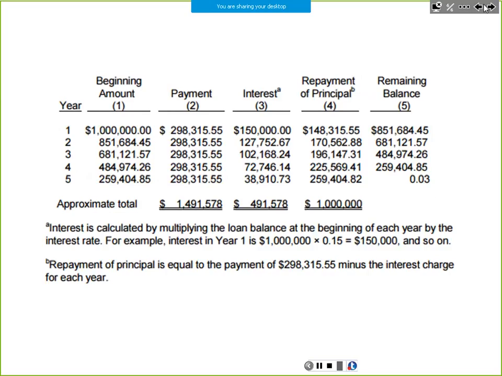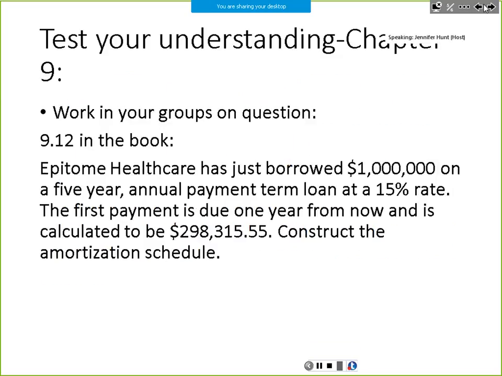Okay, so I think this one is the amortization schedule. This is one I wanted you to practice on how to set it up. We have a healthcare system that's borrowed $1 million on a 5-year loan at a 15% interest rate.